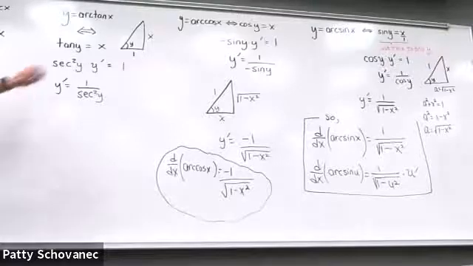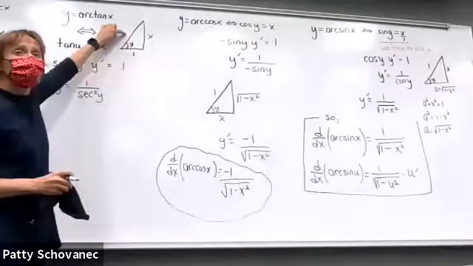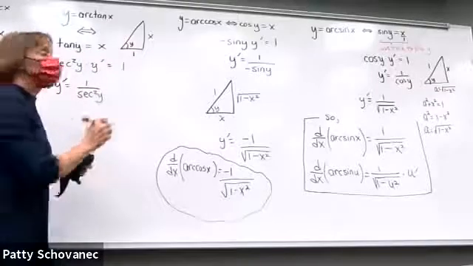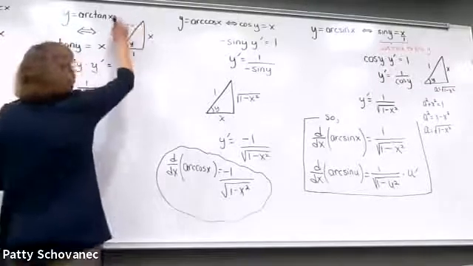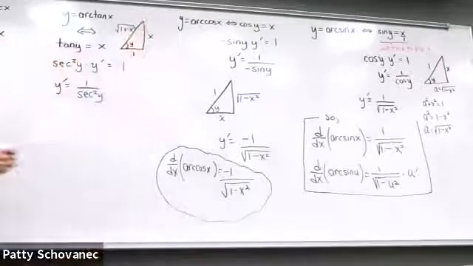Leg squared plus leg squared is hypotenuse squared. So 1 squared plus x squared is the hypotenuse squared. That makes this 1 plus x squared, since 1 squared is just 1.